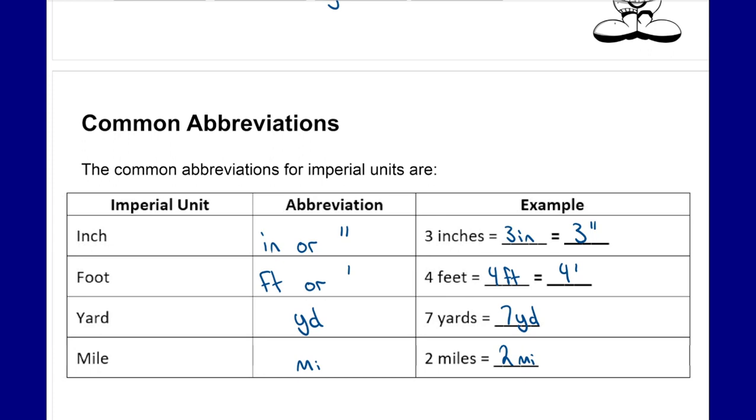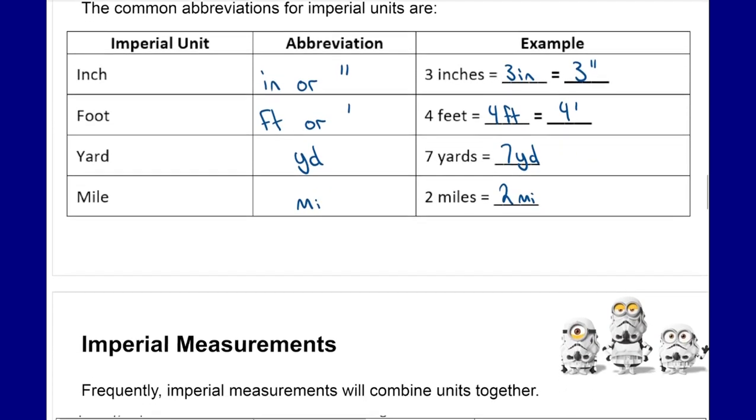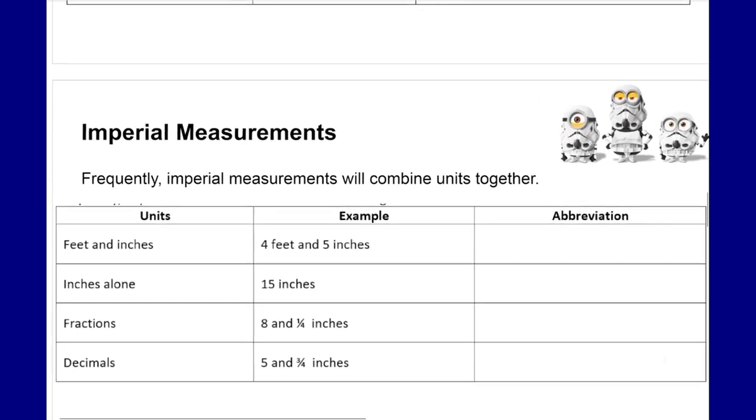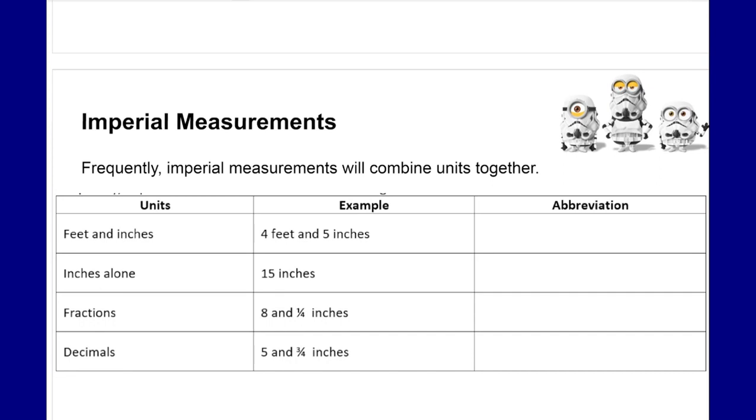Understanding that the single dash or the single apostrophe and the double apostrophe can also represent units. And what's common or what's unique as well about the imperial system is that the imperial measurements can sometimes combine units together. So we could have measurements in feet and inches, right?